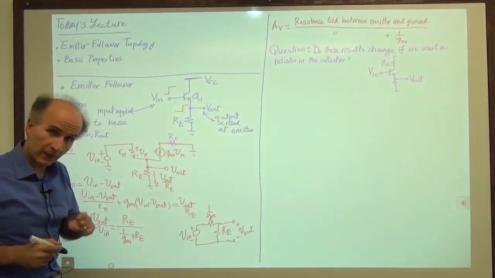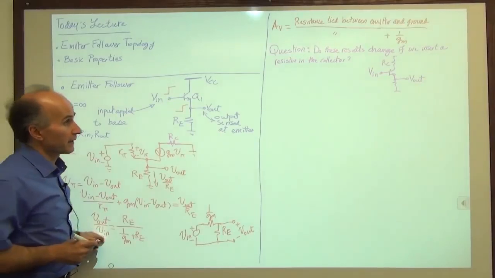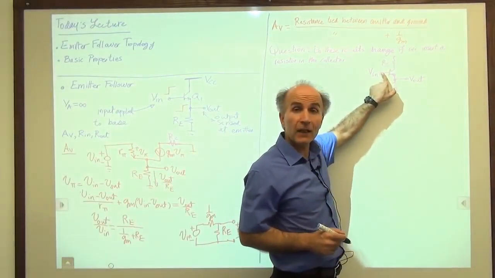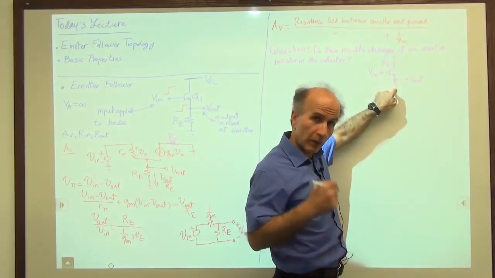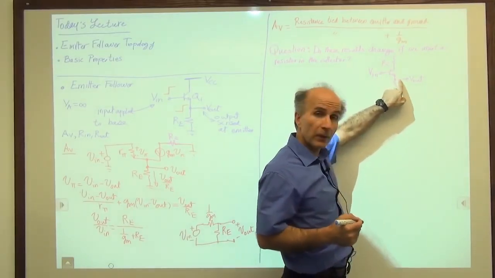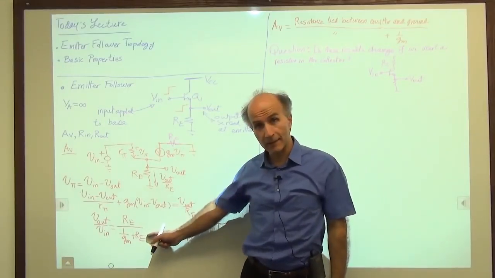So it is not surprising that this result that we got here was the same as the result that we got before for a common emitter stage with degeneration. Remember, we were curious to see how much of the change from here gets to this point, and the result actually was the same as this.